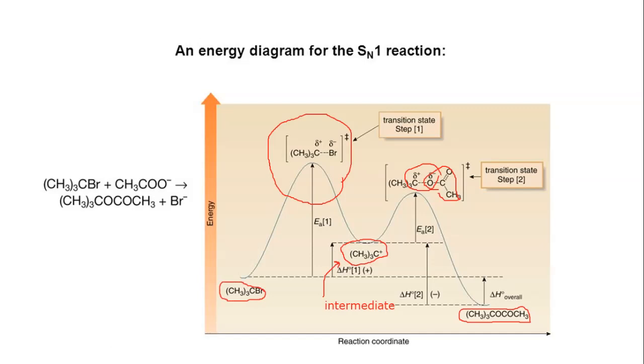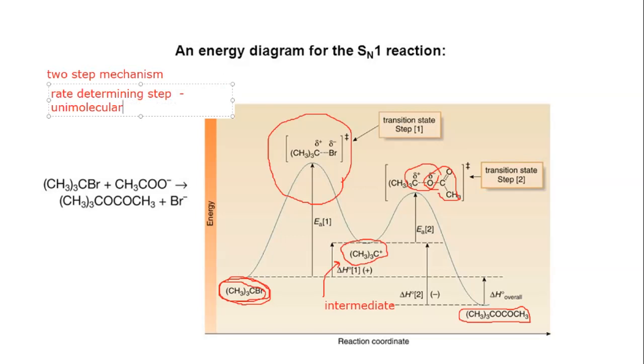So again, for an SN1 reaction, only the concentration of alkyl halide affects the rate of reaction, because it's a unimolecular step. That's why it's SN1. It's a two-step mechanism, but the rate determining step is unimolecular.